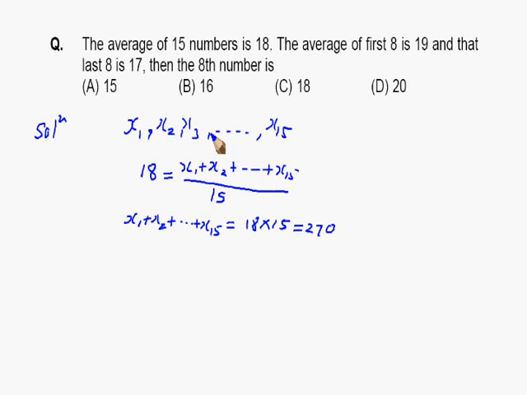Now in this question the average of the first 8 numbers, x1, x2, x3 up to x8, is 19.